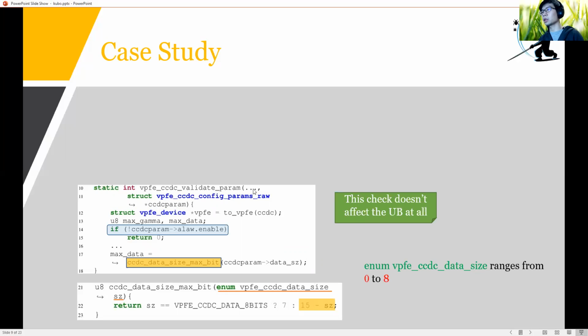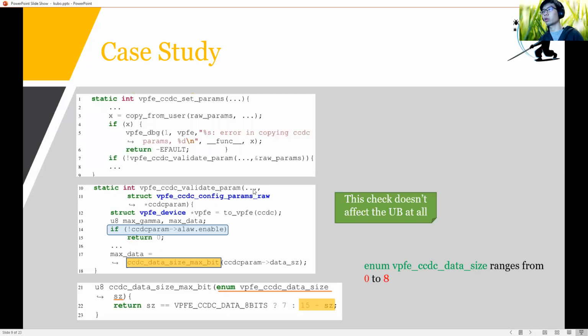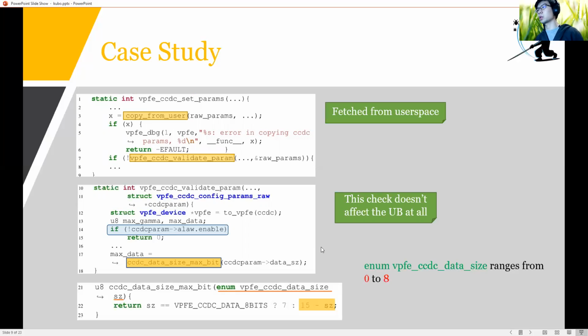Then in our analysis, we go further to where the truth reveals itself. It turns out that this struct is entirely fetched from user space, which means that the 32-bit integer, which pretends to be a harmless enumeration variable, can indeed be any integer value, and this undoubtedly will trigger the integer overflow at the UB instrumentation.